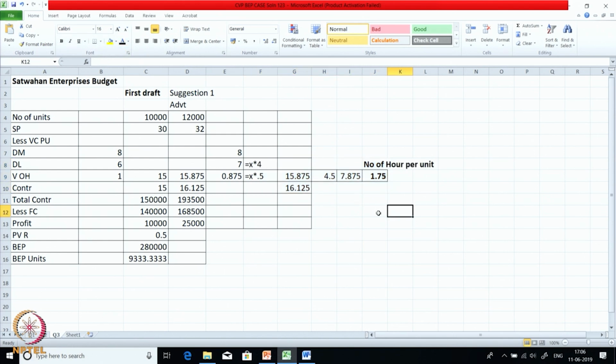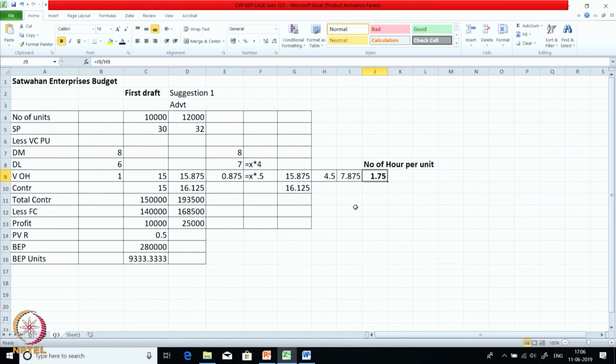Here I have tried to show you the calculation. It is 4x and 0.5x. We already know that the total is 7.875, that means 4.5x is equal to 7.875. If you divide this, you will get x as 1.75.